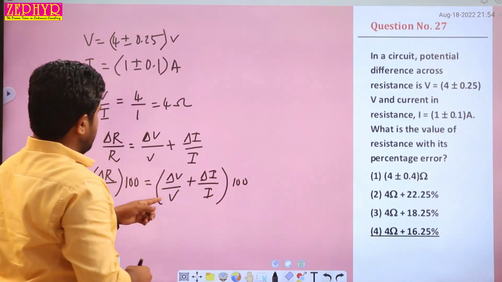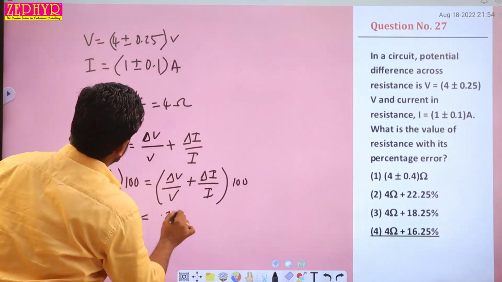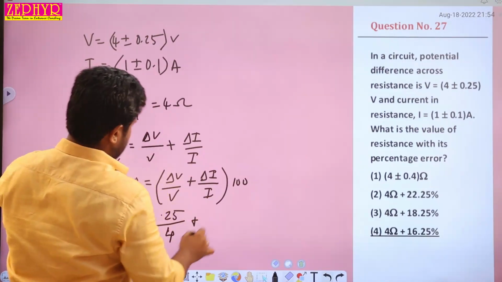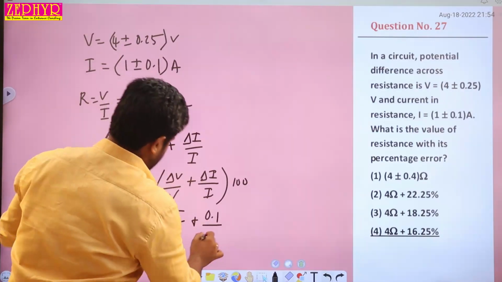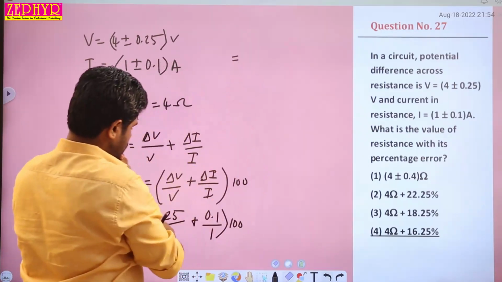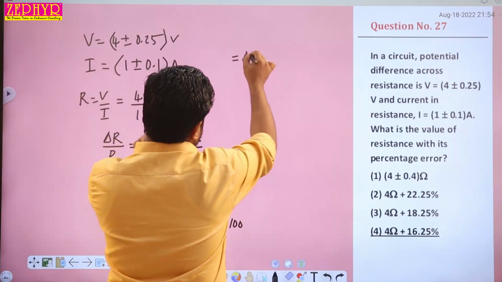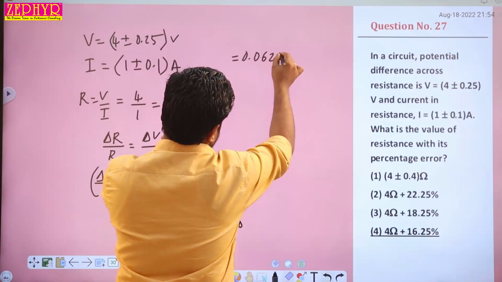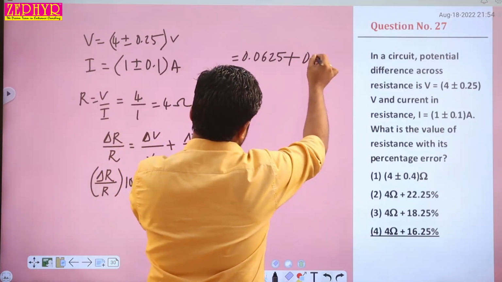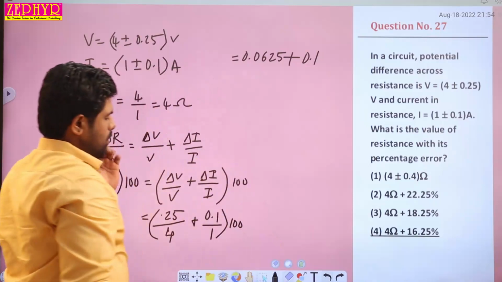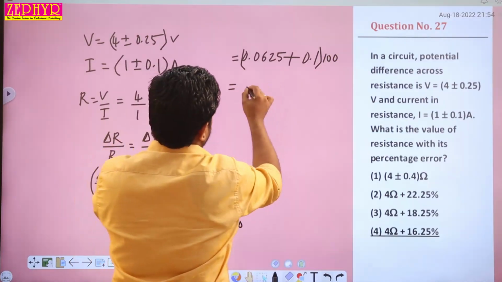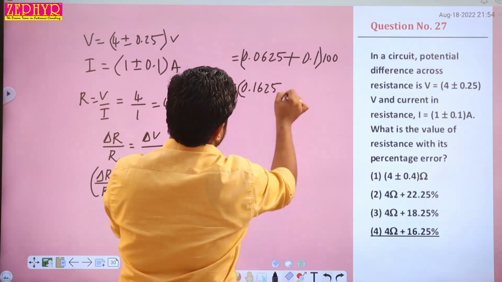Now delta V divided by V is 0.25 divided by 4, plus 0.1 divided by 1, all into 100. 0.25 divided by 4 is 0.0625, plus 0.1 divided by 1 which is 0.1, all into 100.